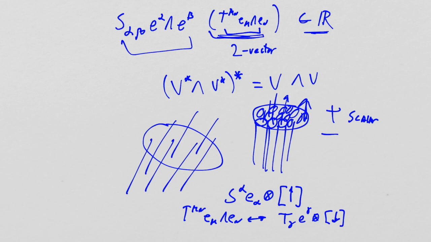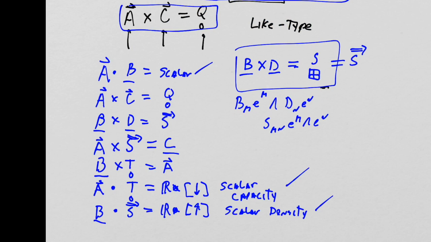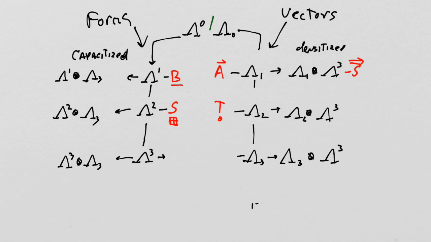This guy is a capacitized one form, right? This is a capacitized one form. And this, of course, we know is a densitized one vector. So we finally actually have exploited the last part of this thing.